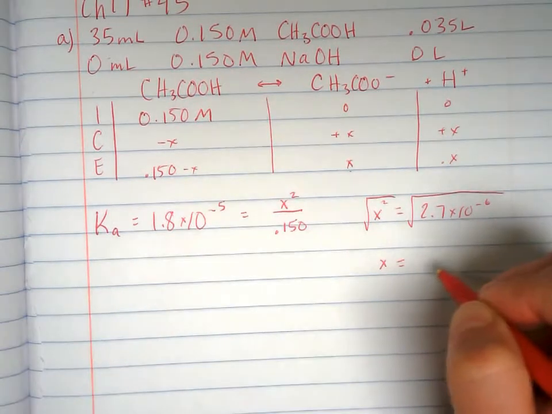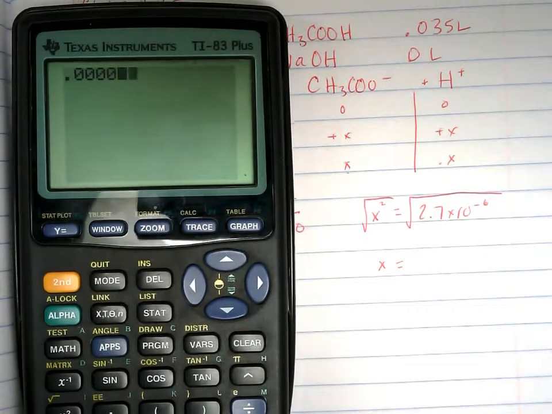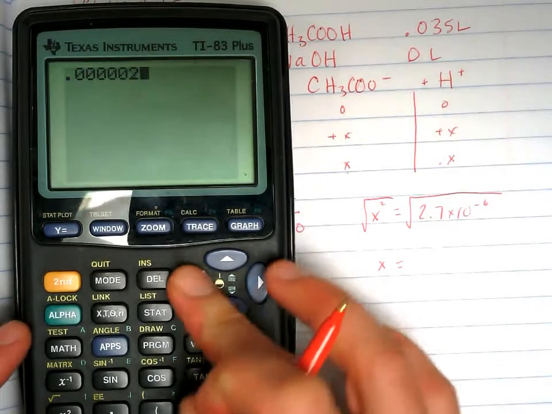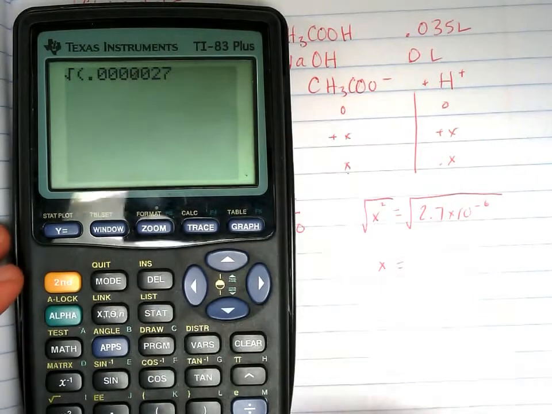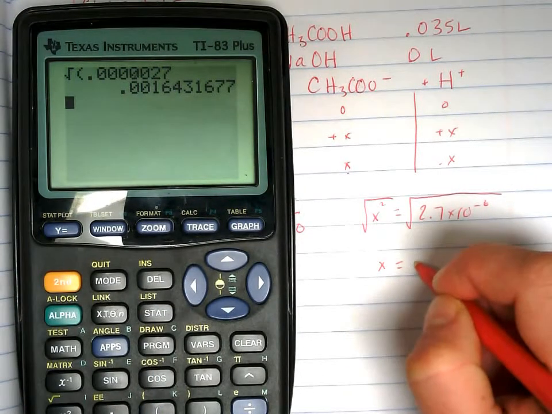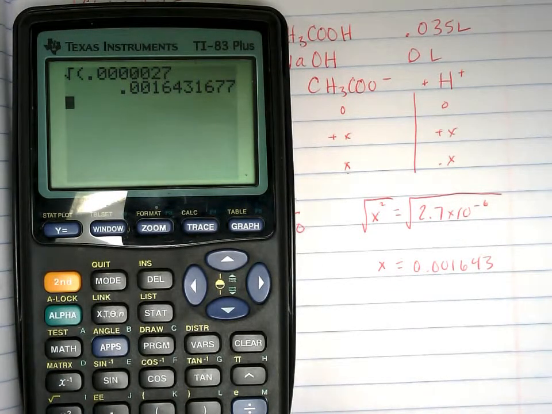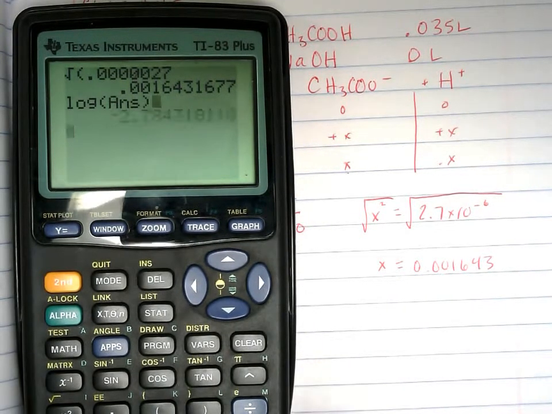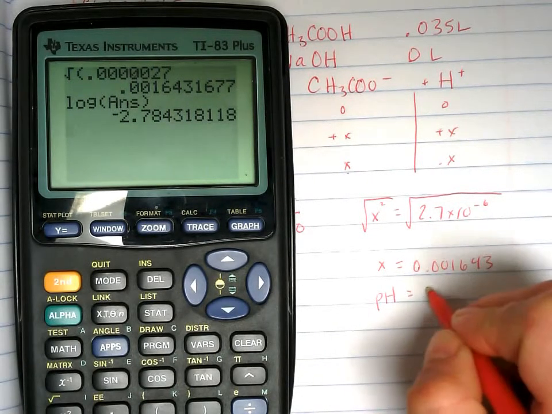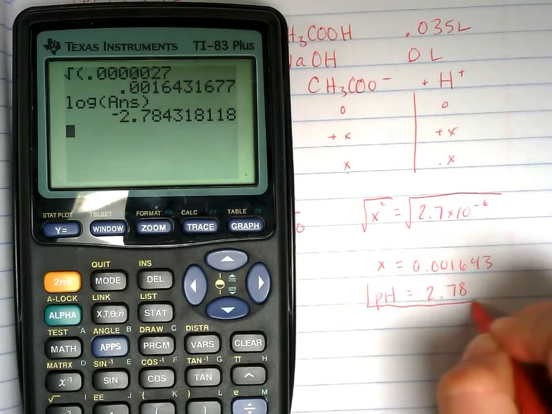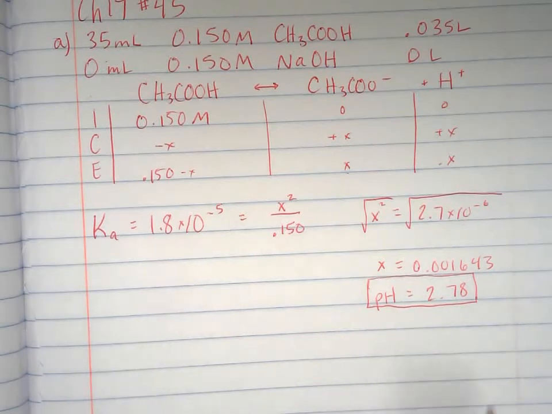Solving for X gives me X equals 0.001643, etc. And I'm just going to take the log of that right away. So my pH, negative log of my X, is 2.78, and that's my pH. Okay, so that's just an equilibrium problem. So at equilibrium, the pH is 2.78.